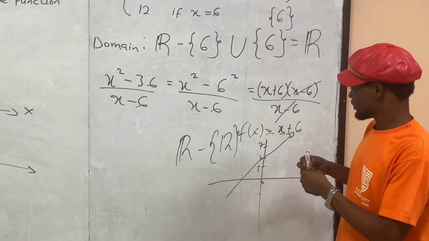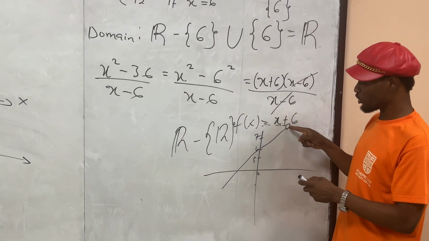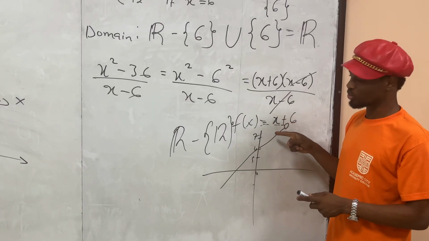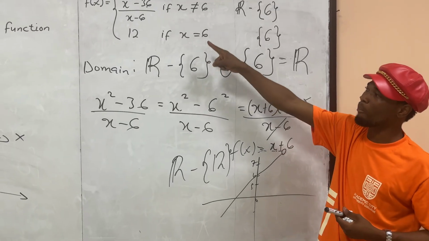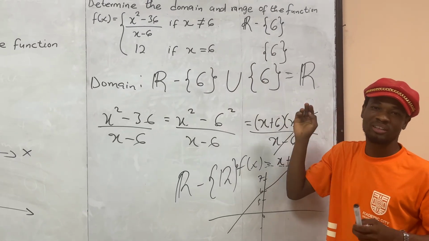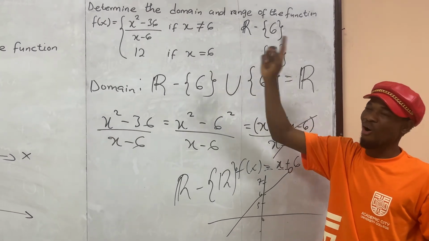So you have the x axis, graph them, and at this point look for the corresponding y coordinates. Then you can combine it with the second one, and that will be the range of the formula f of x.